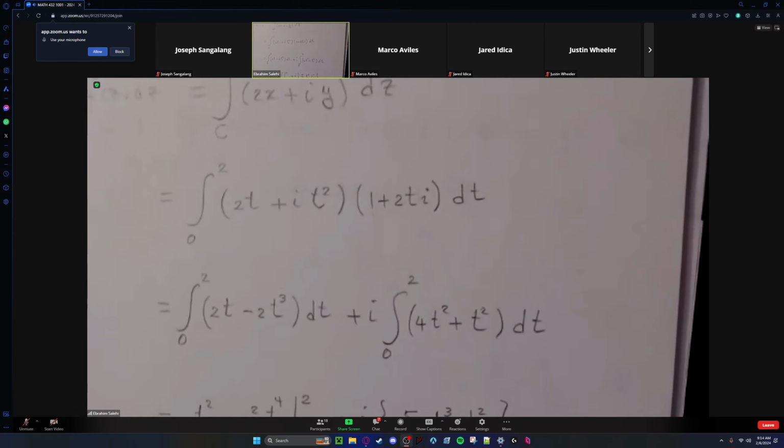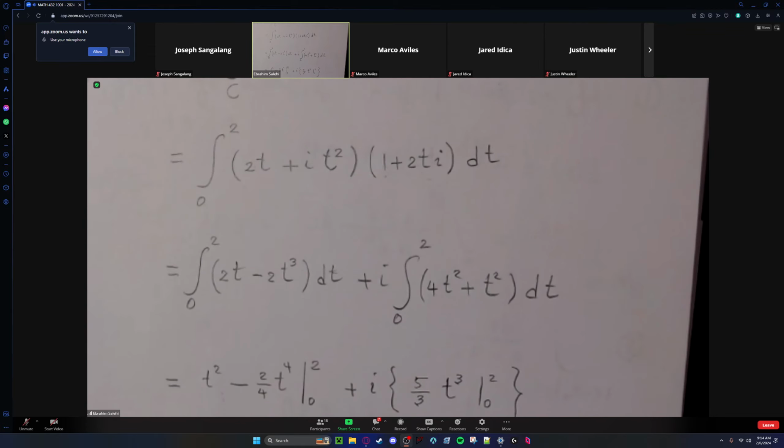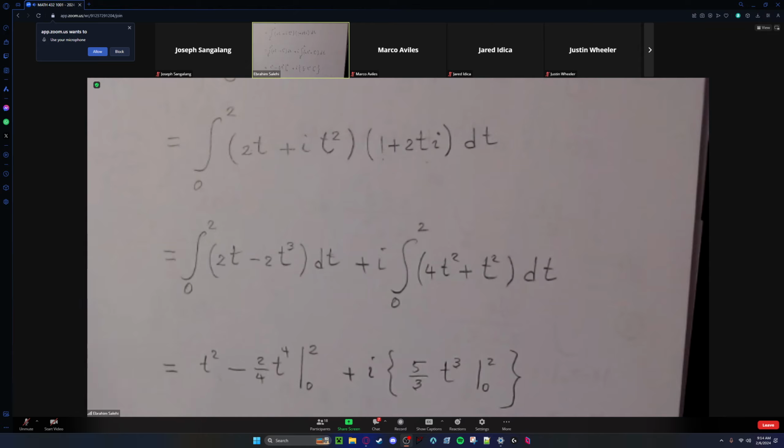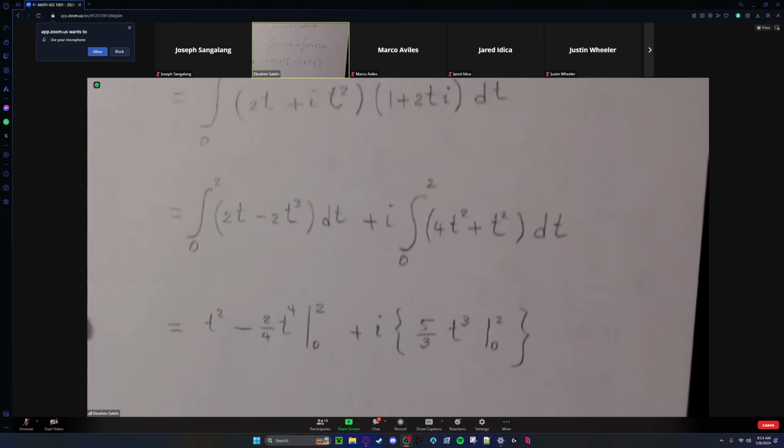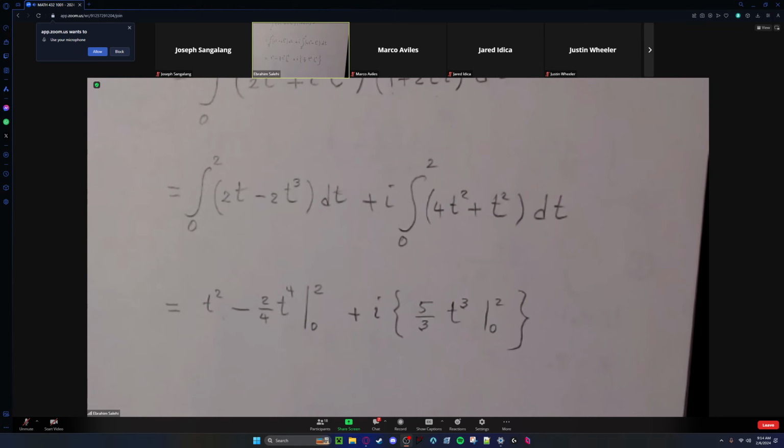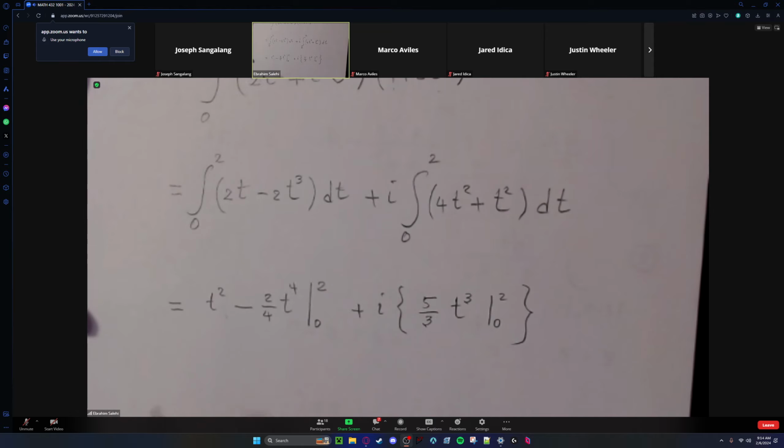All right, if you can parameterize the curve, of course, I leave the evaluation to you, this integral over C of f of z dz is basically the integral from a to b, over the values of the parameter, of f of z of t, and that's what I did here, right?